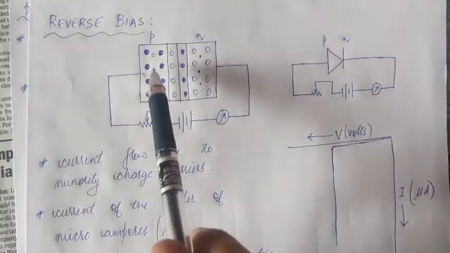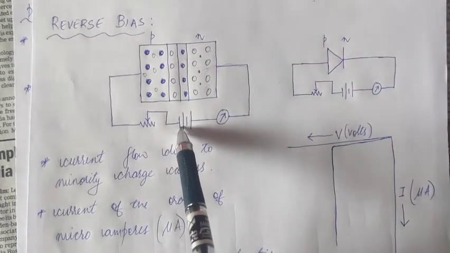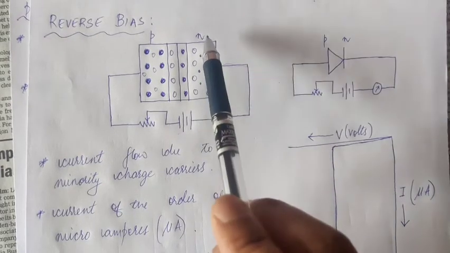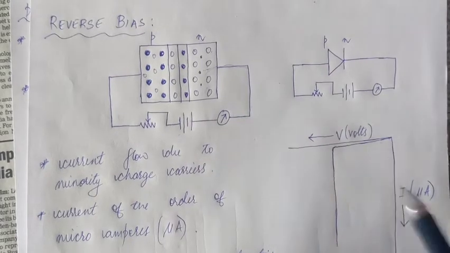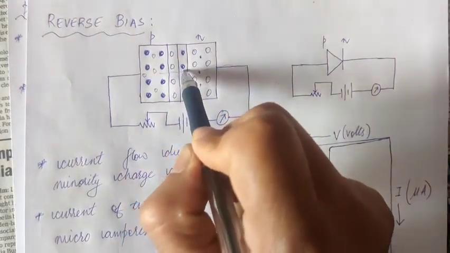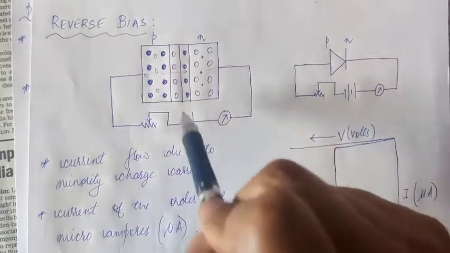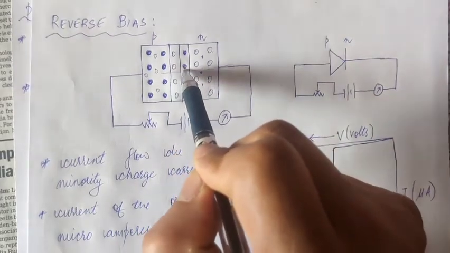So these minority charge carriers, electrons on the P side, are now repelled by the negative terminal. And these positive holes on the N side, which are minority charge carriers, are repelled by the positive terminal. So these electrons flow towards the depletion region and the PN junction. They possess energy because of this power source, enough to overcome the depletion region.